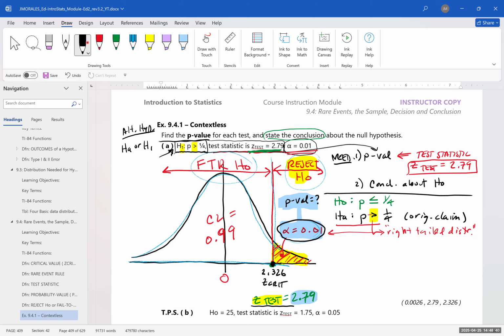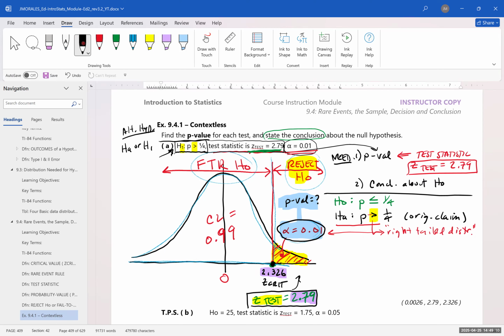Now, where is 2.79 relative to 2.326? Is it less than or is it more than? I think you can see that it's more than. 2.79 is greater than 2.326.